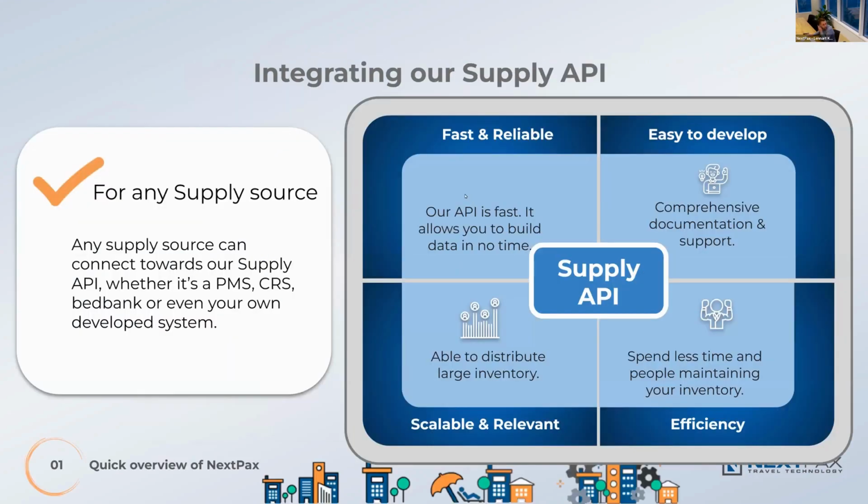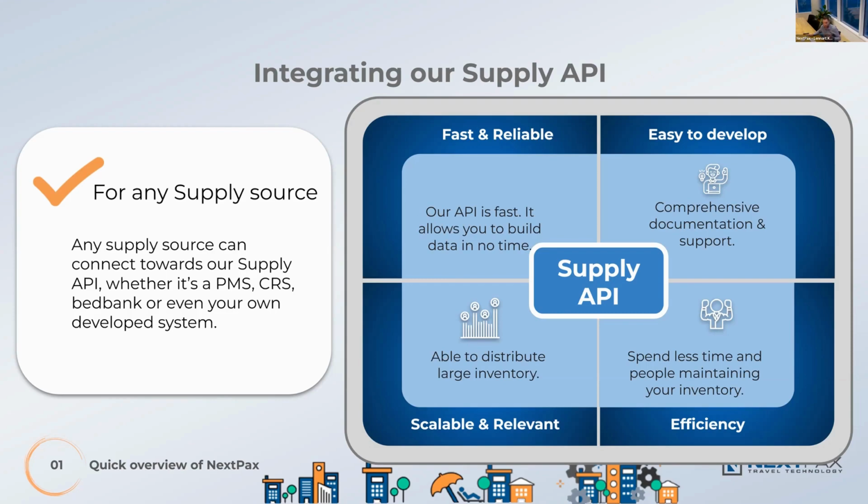Then in regards to technologies that are not integrated yet and that are interested to work with NextPax, we also have a supply API available in which you are able to send your accommodations our way and to make sure that we can distribute them. The API is fast and reliable. We provide Swagger documentation so that it is also made easy for you to develop.